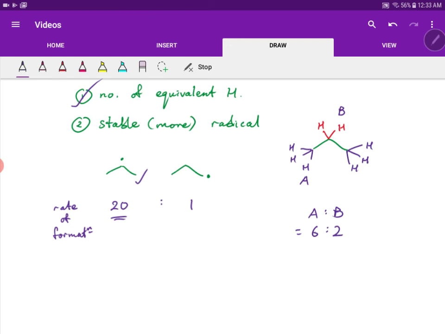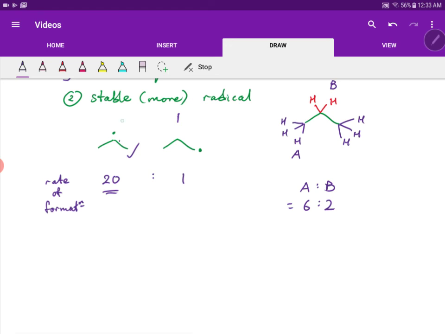So this is our B and this is our A. At the end of the day, to find the proportion of product, we just look at A to B. Since both of these events are independent, I can just use 6:2, then multiply by 1:20, which is the rate.